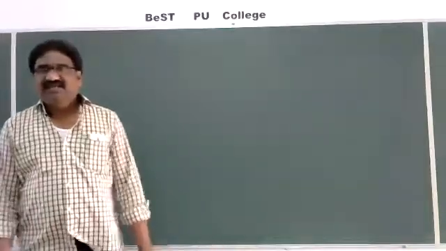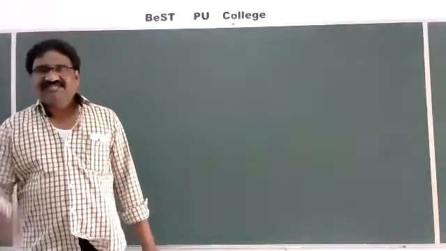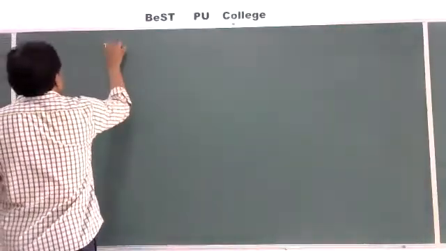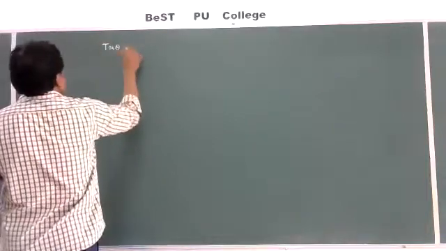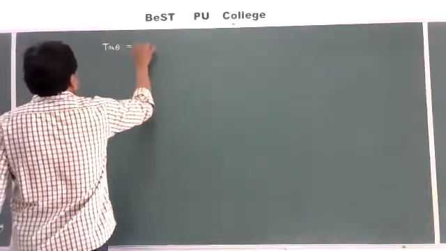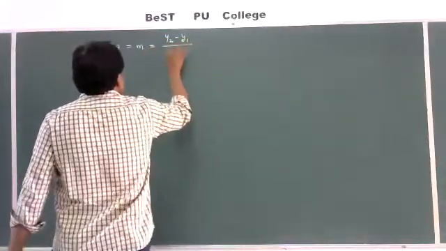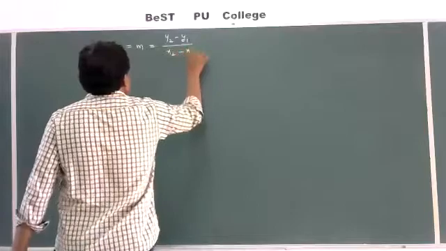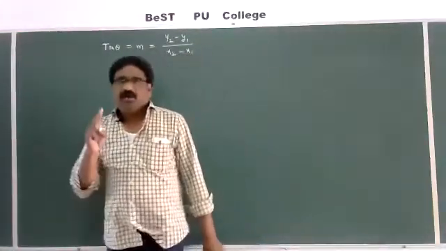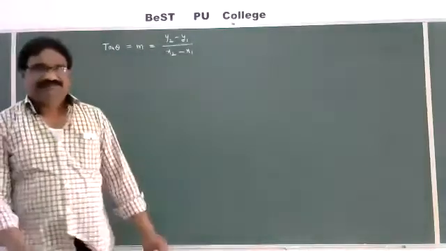If theta is the inclination of a line, then tan theta is the slope of the line, that is tan theta is equal to slope m is equal to (y2 minus y1) by (x2 minus x1), where (x1, y1) and (x2, y2) are two points on the given line.